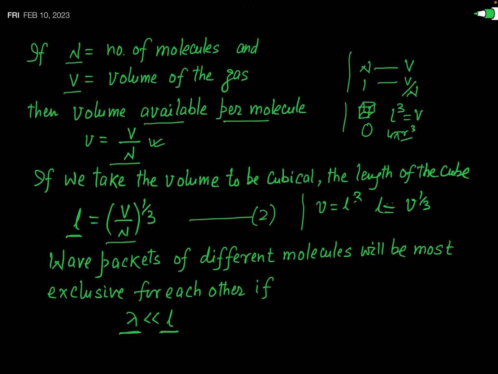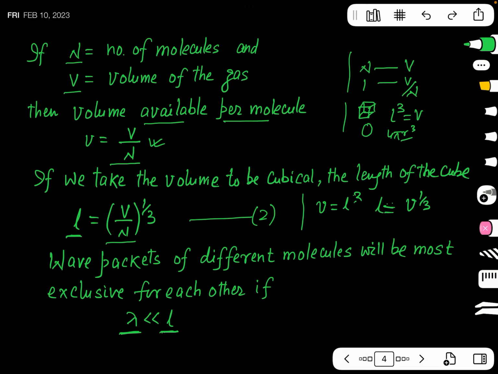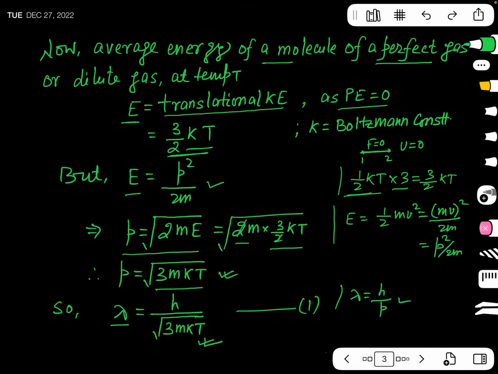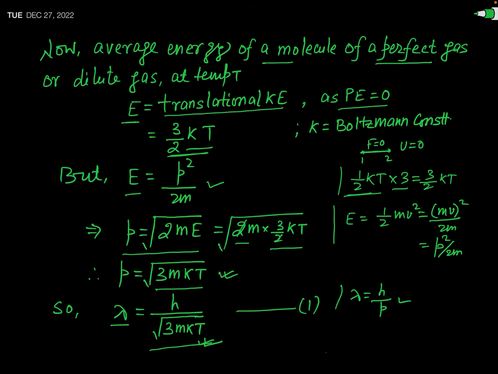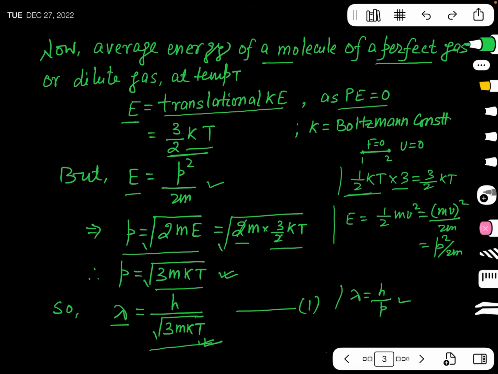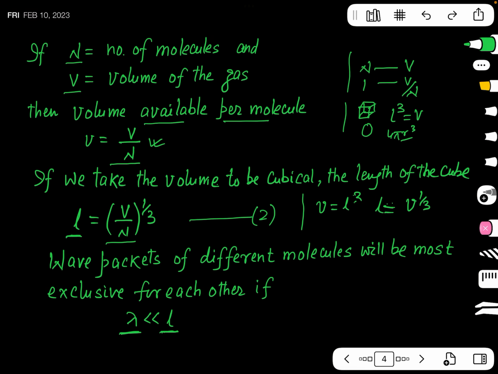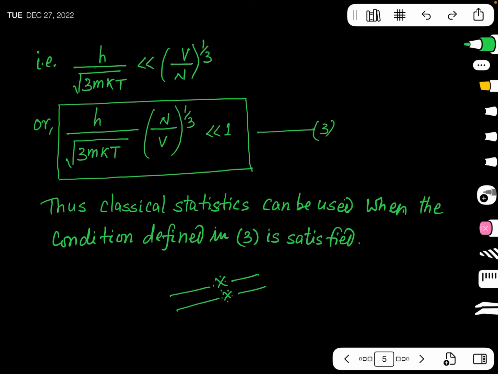Now you can put the values of lambda and L which you have obtained just now in equation 1 and equation 2. We substitute the value of lambda and L from equations 1 and 2, and what will be our result?